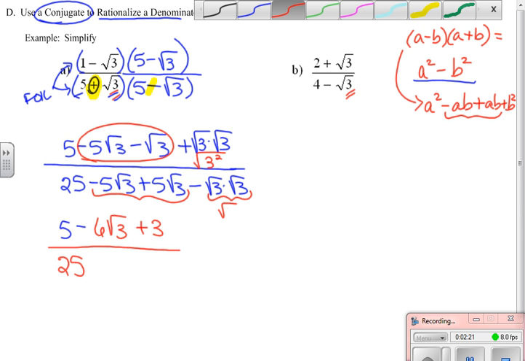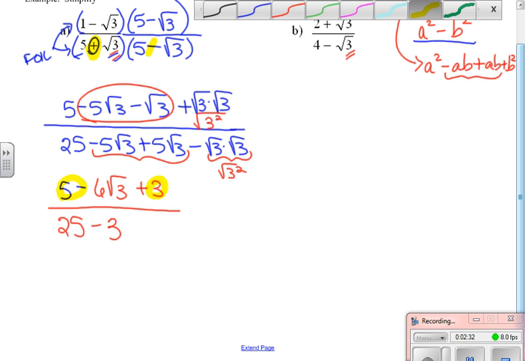This is the square root of 3 squared, minus 3. We have some more terms we can combine right here and right here. And so I have 5 plus 3, which is 8, minus 6 square roots of 3. 25 minus 3 is 22.